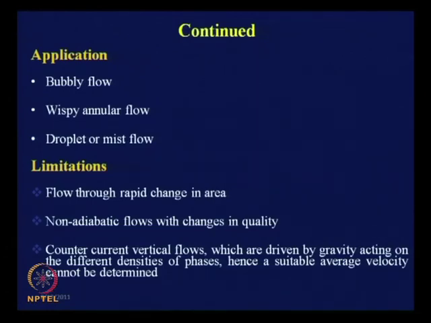The moment gravity acts on the different densities of the two phases, can you define a suitable average velocity? Do you understand? Because in this case, say the gas is rising up at u2, the liquid is coming down at u1. What will be your average velocity?